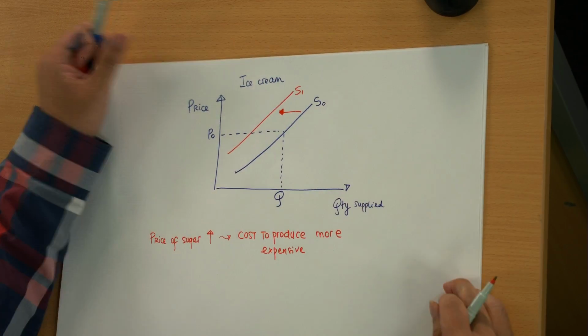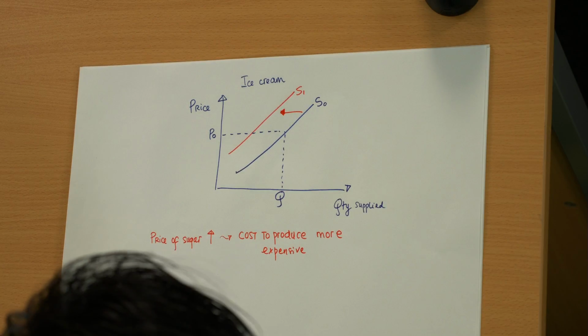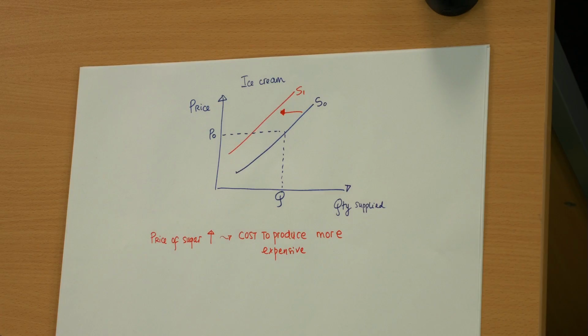to the left. Guys, when I was a student, I liked to think about the shifting from this perspective, guys. Good news, shift to the right. Bad news, shift to the left. Good news affecting demand, shift the demand curve to the right. Bad news affecting demand, shift the demand curve to the left.